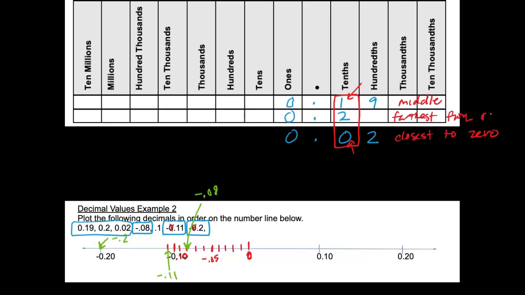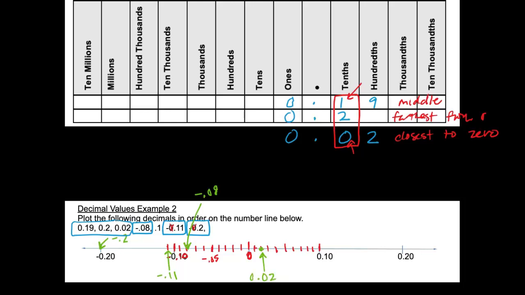I'm going to start by plotting 0.02. If I think about where that would be, that's going to be between 0 and 0.10. Think of 0.02 as 2 tick marks in. If we made 10 tick marks total, so 1, 2, 3, 4, 5, 6, 7, 8, 9, 10, 0.02 is going to be right here.